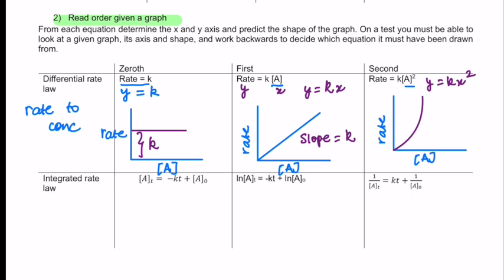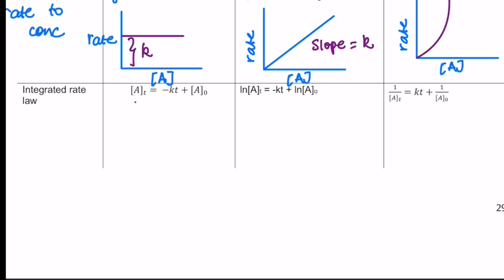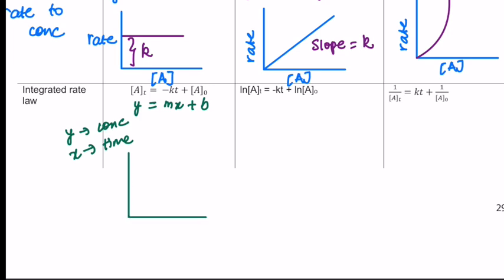So you sort of have to know the equation and the graph that each equation generates. Now let's look at the integrated rate law graphs. So picking the equations from the AP formula sheet, if we think that this is y equals mx plus b, let's relate this equation. So this tells me that the y-axis is concentration and the x-axis is time. So let me draw a graph like that.